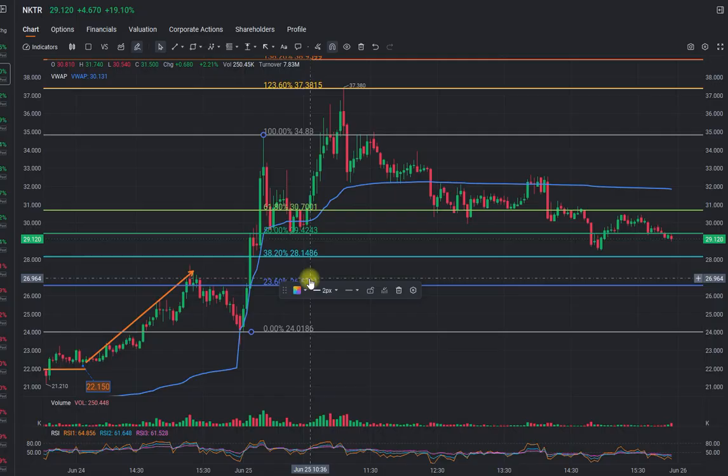So looking back at this chart, it's hard to decipher good entry points. Definitely in the morning session, clearly the support level here at 29.40 is a good support level. So if you enter, for example, at the VWAP, which is 30, you have a 50 cent to 60 cent risk on this trade.